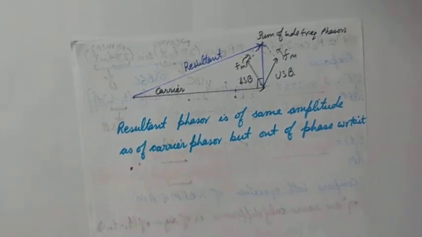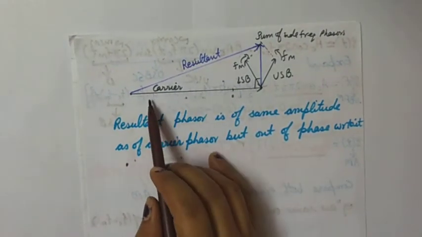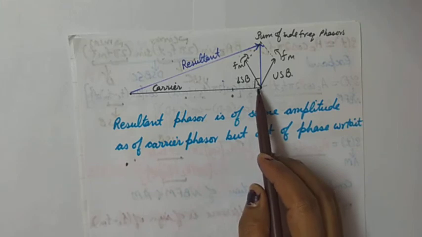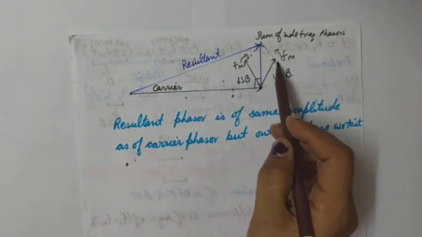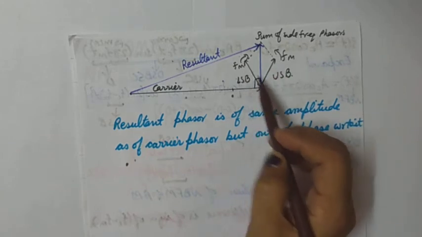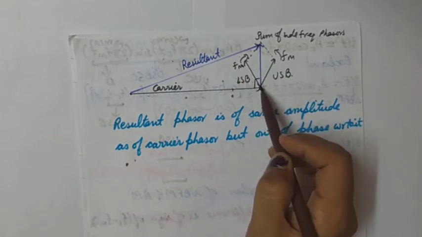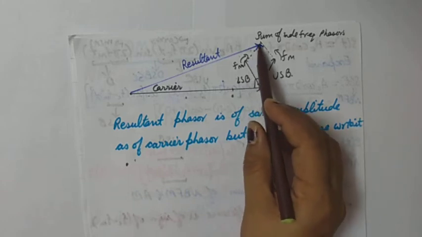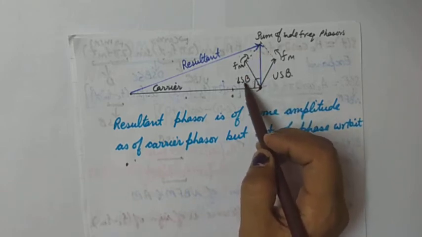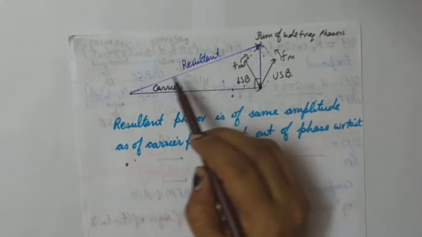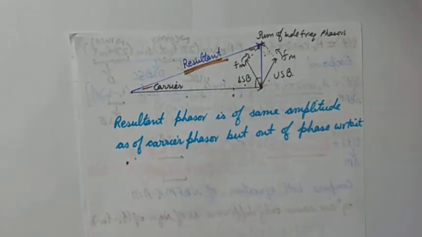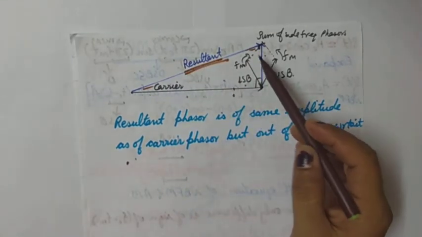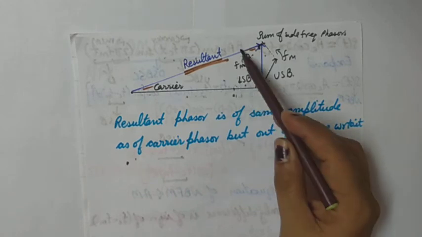Further, if we want to see the phasor, here we are taking the carrier as the reference. I have drawn the carrier here, and to the right we have the USB, that is the upper sideband. Toward the left we have the lower sideband, and if we complete this, we get the resultant of this LSB and USB, and then making the net resultant we get this, and we see that they are not in the same phase.